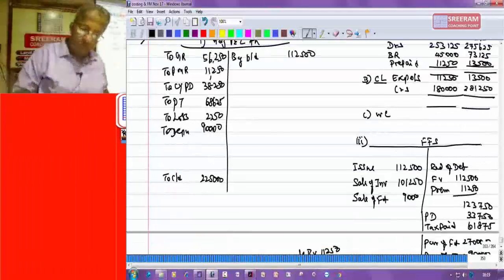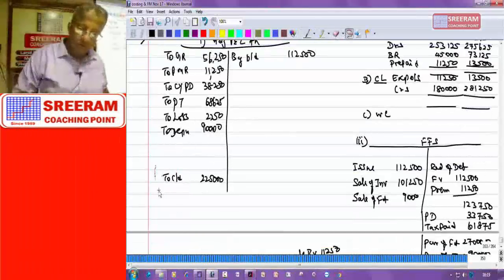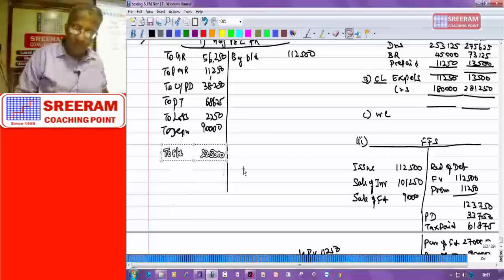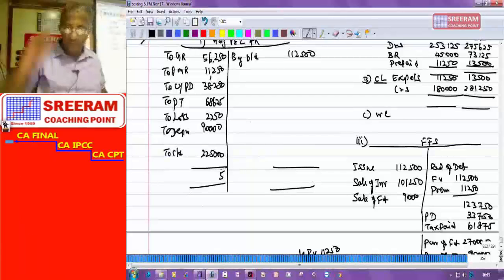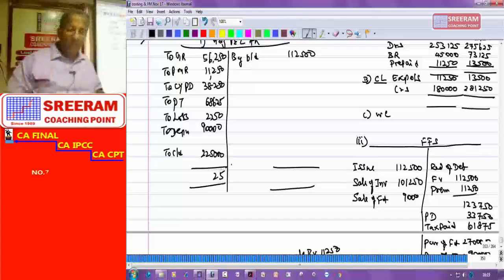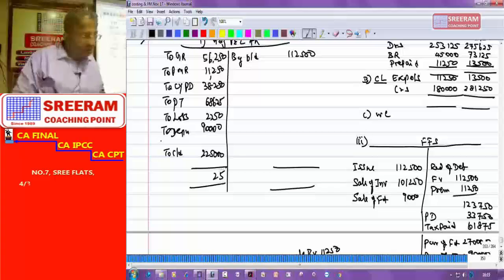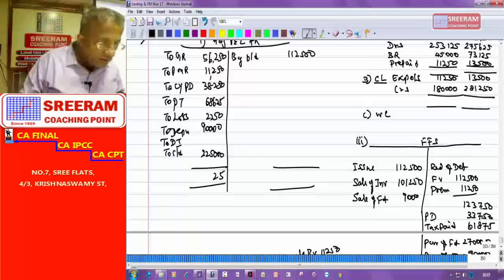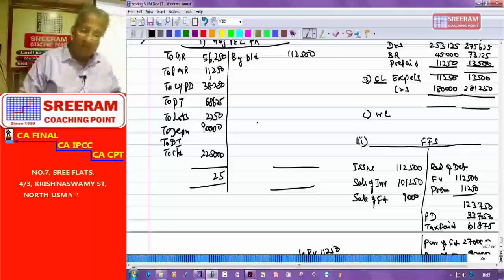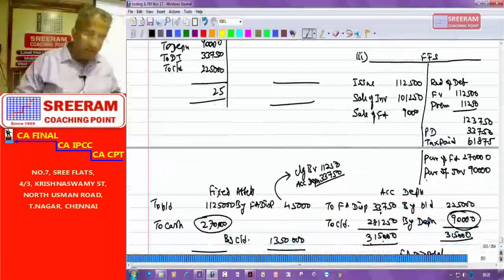Now, how much is funds from operation? Debenture interest, have we not taken it? To debenture interest. How much is that debenture interest? 15% on 2,25,000. How much? 33,750.